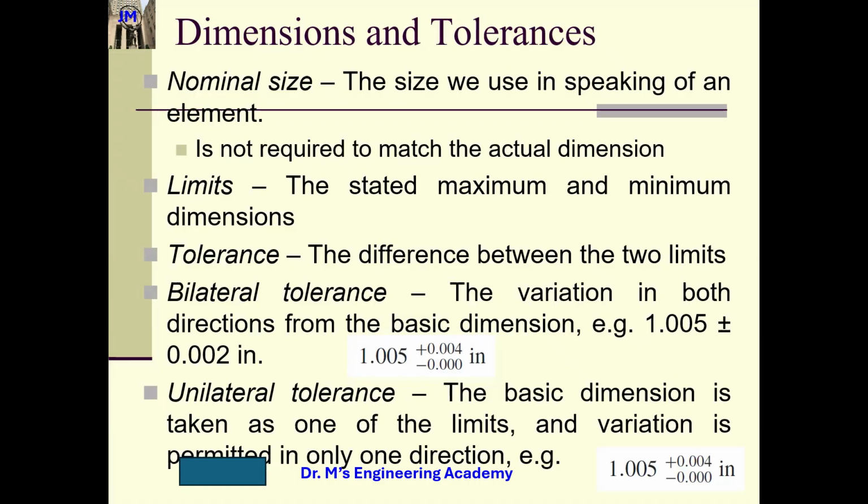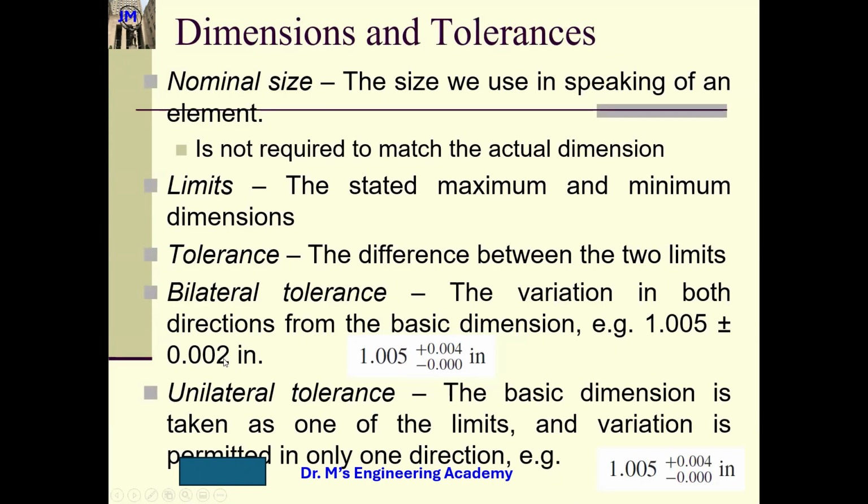Right? So this is bilateral tolerance. Bilateral tolerance means that the variation is in both directions from the basic dimension. That means this is my nominal dimension, this is my lower limit, and this is my upper limit. So actually this is a plus or minus 0.002.